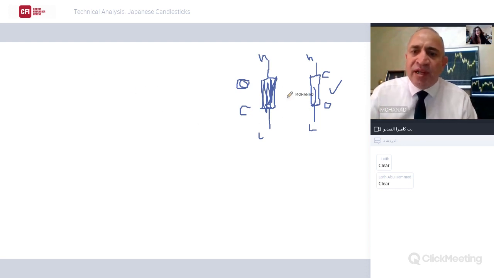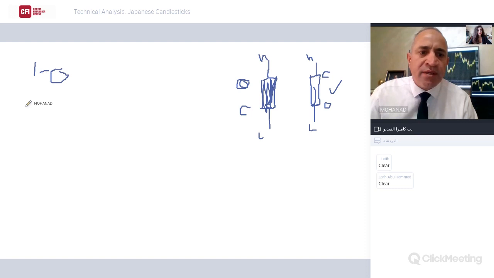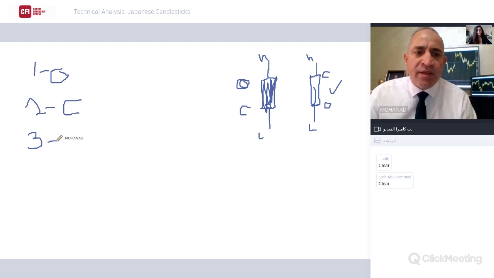Great. Each candle in the chart gives us the open price, the close price, the high, and the low.